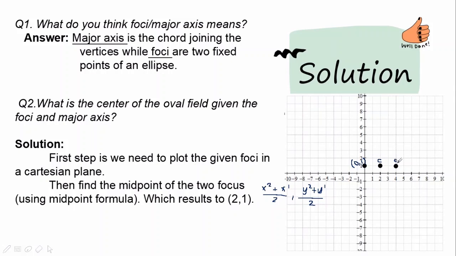We will just substitute our ordered pairs. x sub 2 is 4 plus x sub 1, which is 0, gives 4. Divided by 2, we have 2. Next, y sub 2 is 1 plus y sub 1 is still 1. So 1 plus 1 is 2. Divided by 2, we have 1. So again, our center is (2, 1).